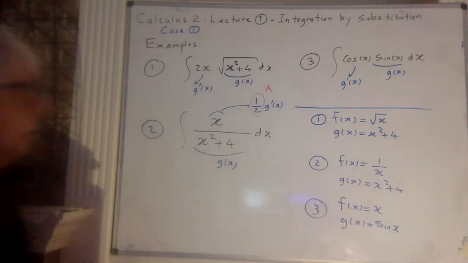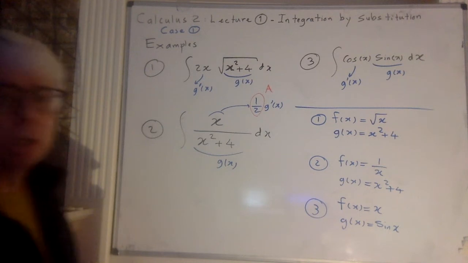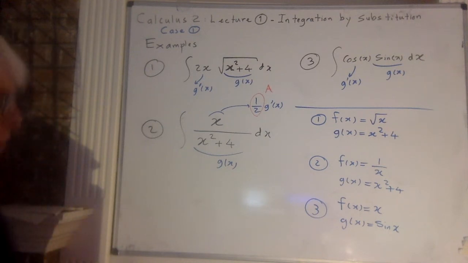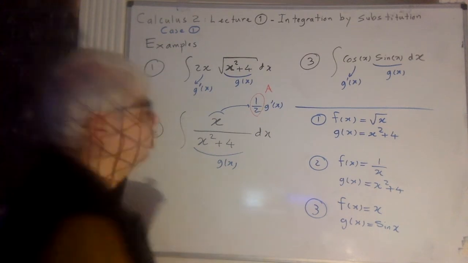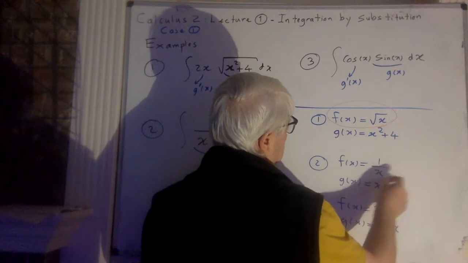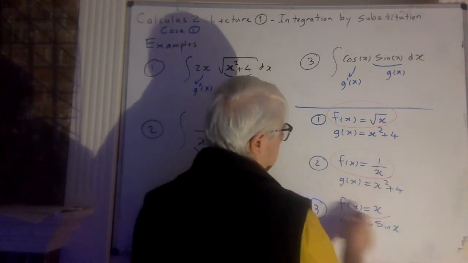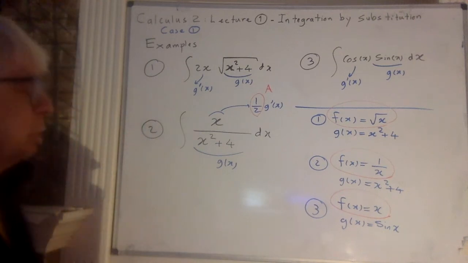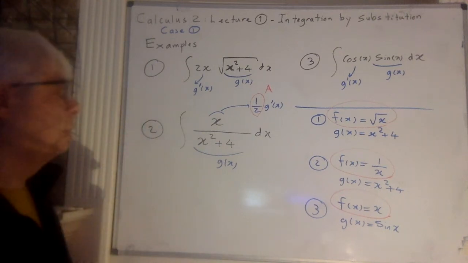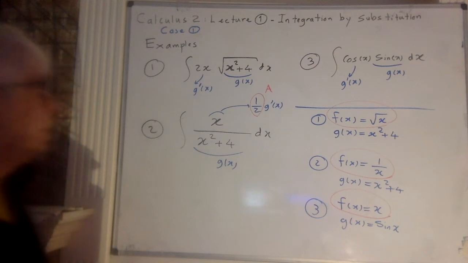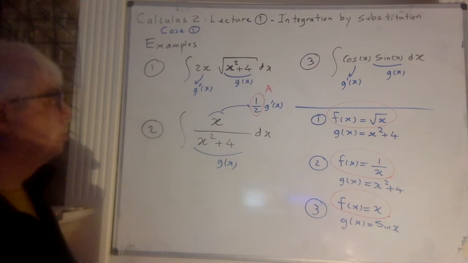But in each case, if we use that formula I gave you, you can find the integral. But usually this outside function is not easy to see, especially immediately. So there is a method, I mean, there's a way to do it without trying to identify that f(x).